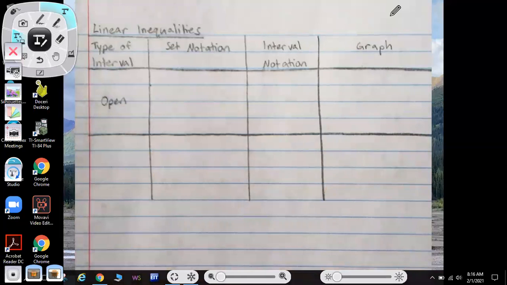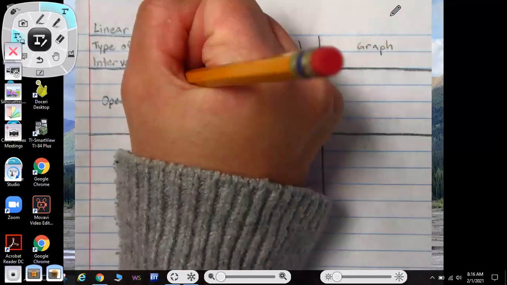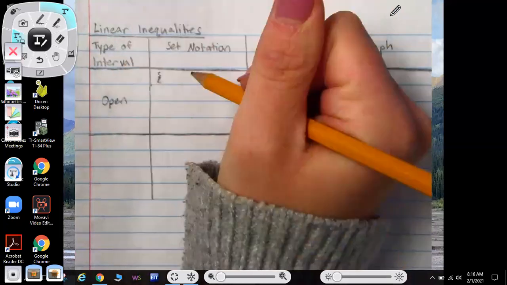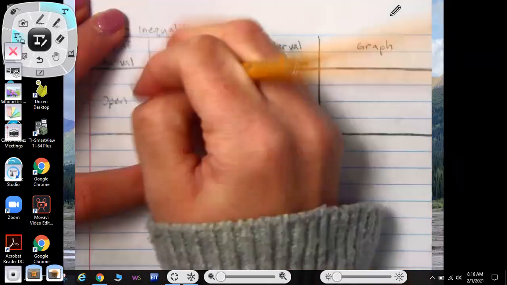Okay, set notation for the first open interval that we're going to look at looks like this. You guys are going to get some practice drawing squiggly brackets today. Let me draw it a little bit better.